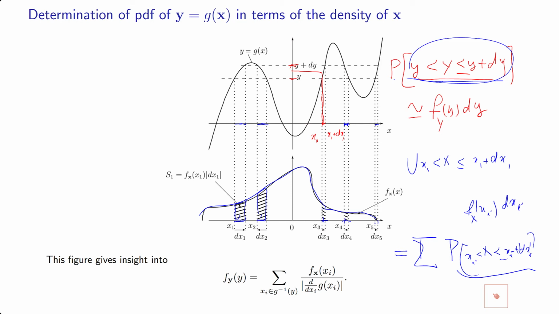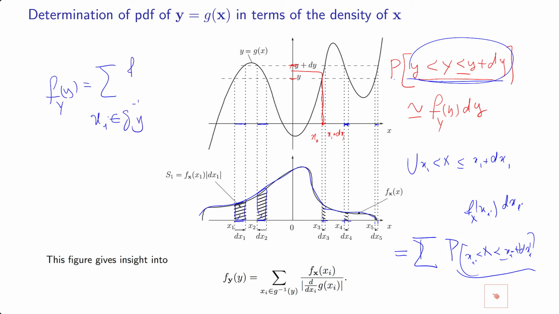Now, if I divide both sides by dy, I get this expression. So I have fy of y times dy, and putting dy on the other side, it is equal to the summation over xi, where xi is in the set of all possible solutions, g inverse of y.